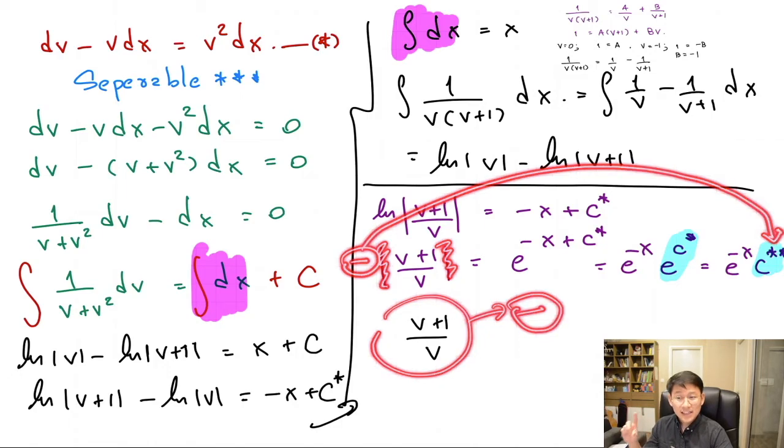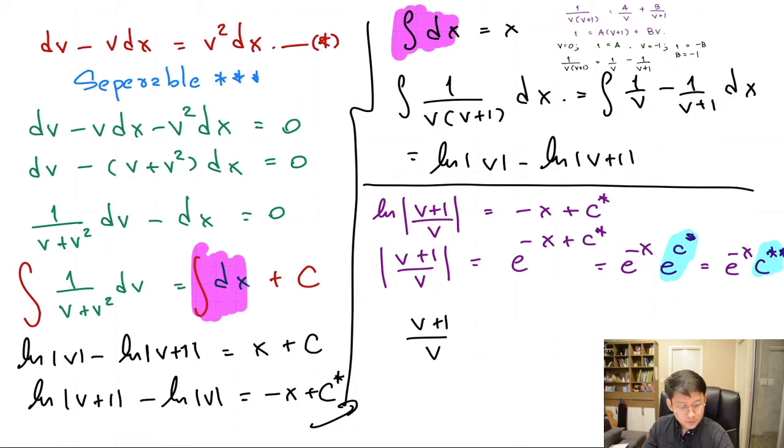That's why I can just remove the absolute value. So this is what I have: c e to the minus x. I call c star just c to make it simple.